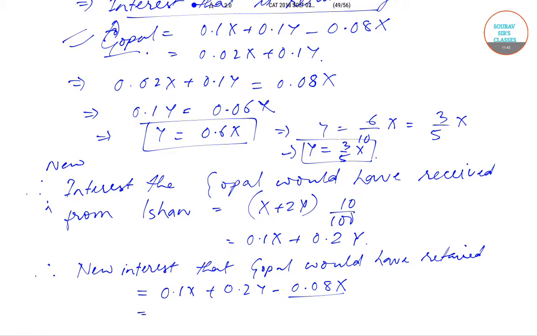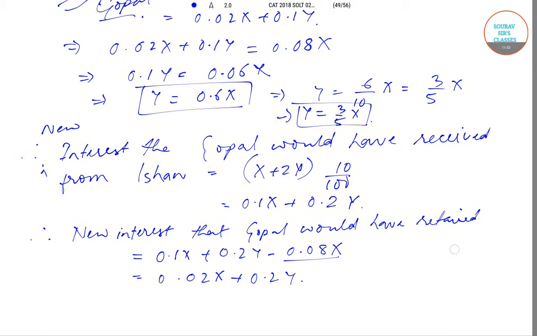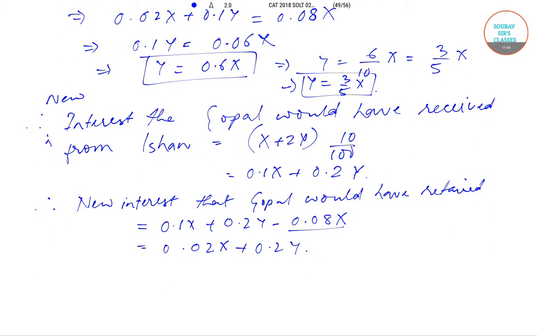So this will be equal to 0.02x plus 0.2y. So this is the new interest that Gopal retains. Now this new interest which Gopal retains is 150 rupees greater than the earlier interest that Gopal would have retained.